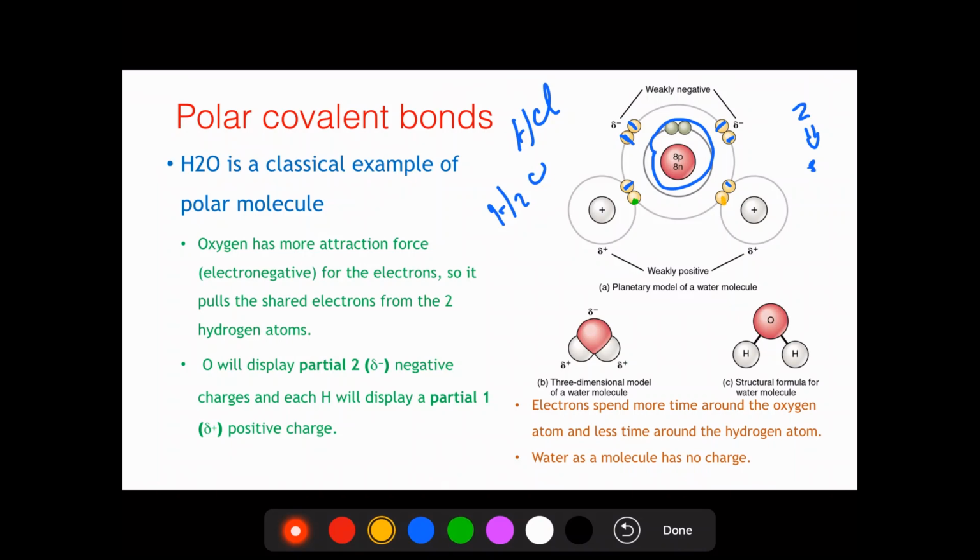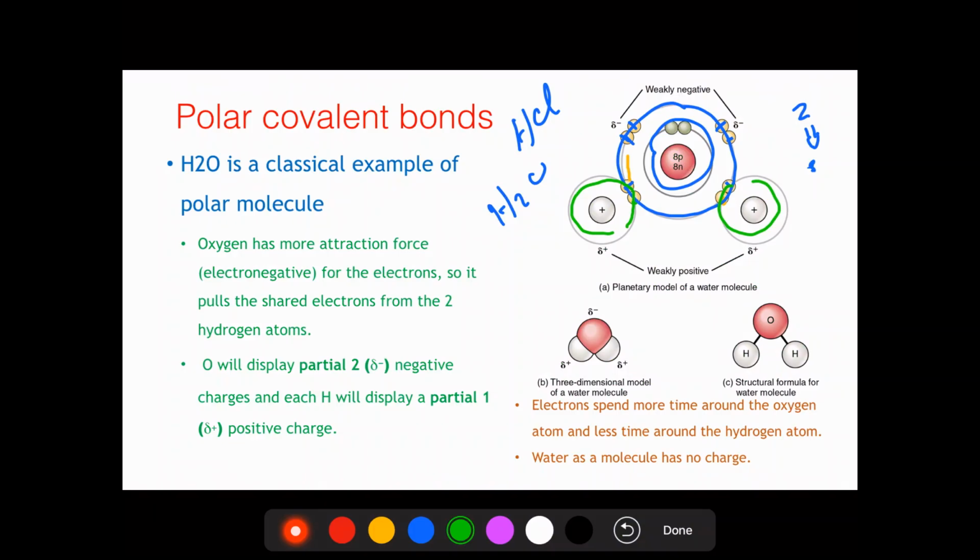Each one will contribute its electron into this polar covalent bond. So now the oxygen would have 8 electrons in its valence shell, whereas this hydrogen would have 2 and this hydrogen would have 2, as we saw before.